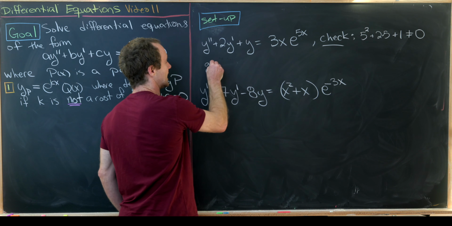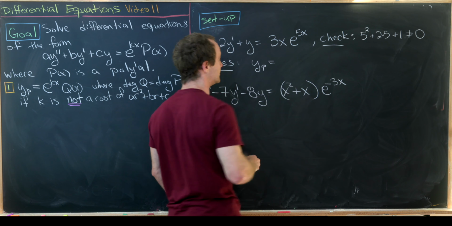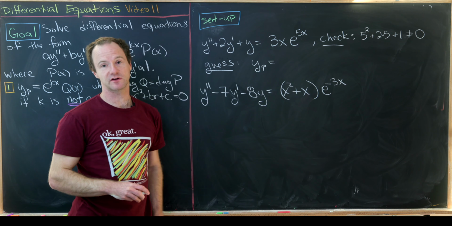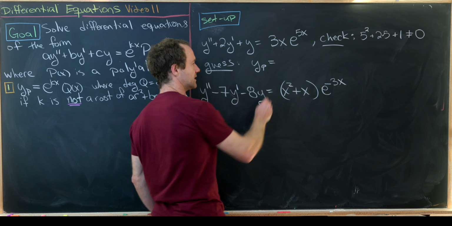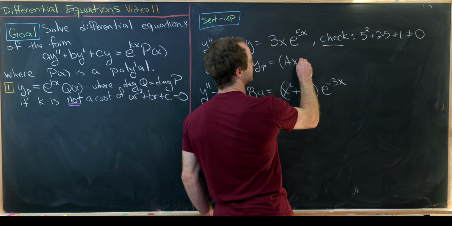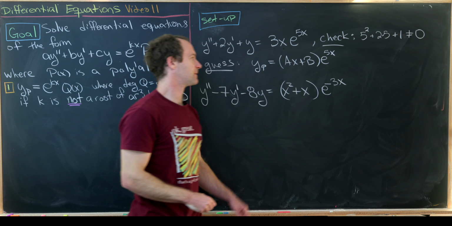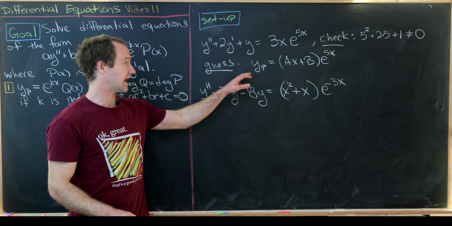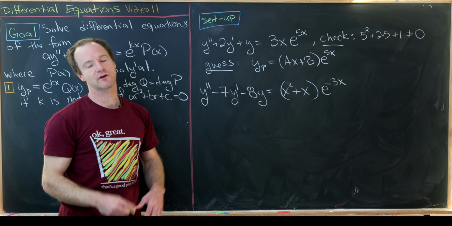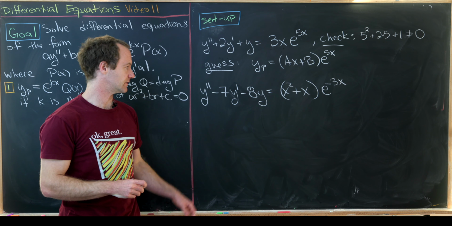That means an appropriate guess for our particular solution would be a linear polynomial times e to the 5x. That's because this polynomial is degree 1. So I'll just write ax plus b times e to the 5x. And then you would determine a and b by taking the derivative, the second derivative, and building a system of equations, which, like I said, I'll leave for you.